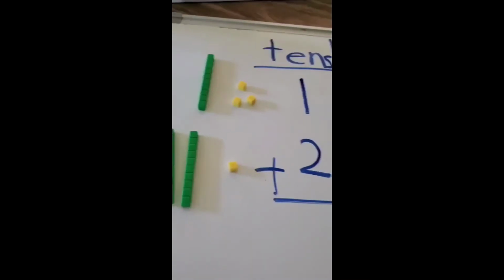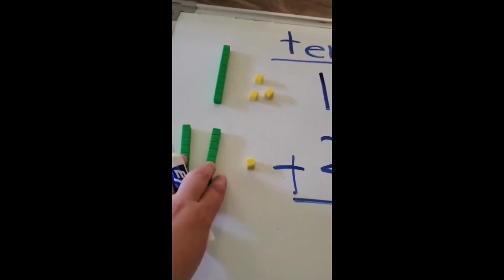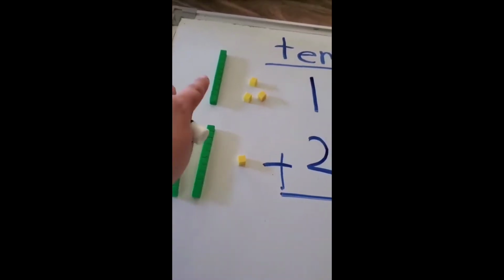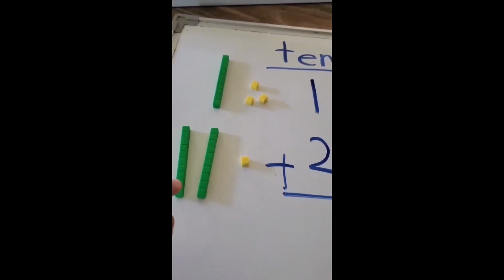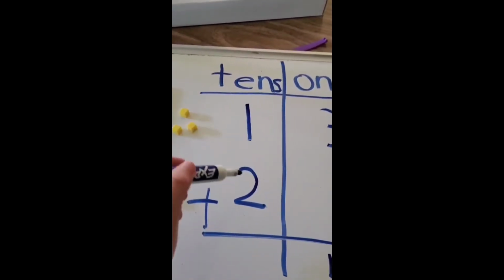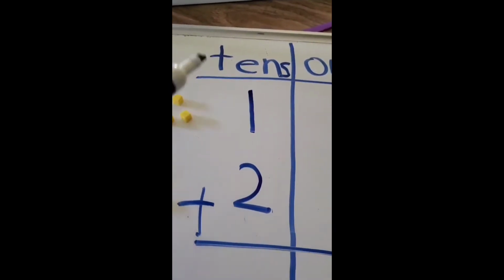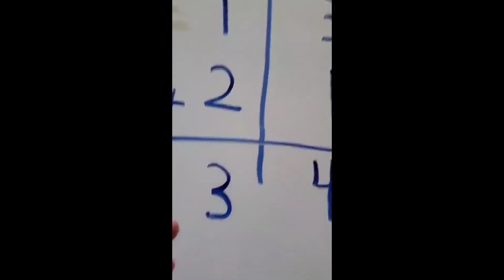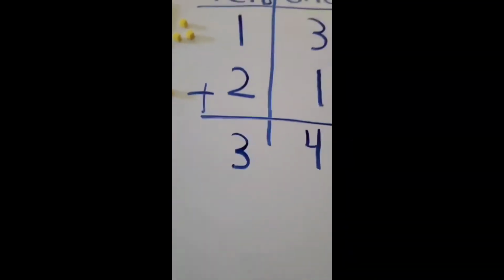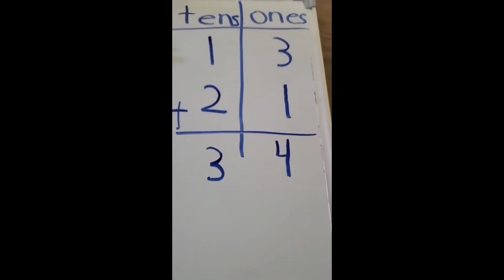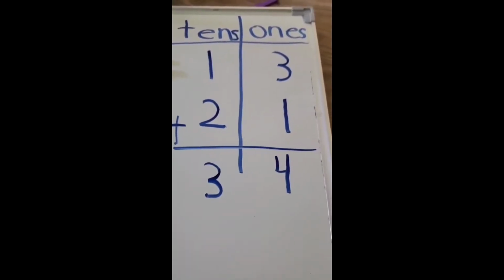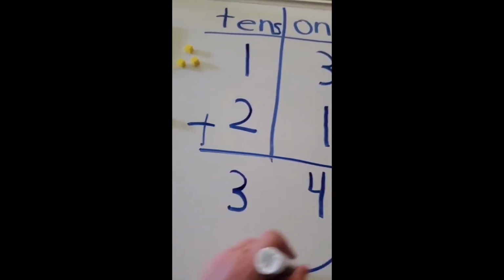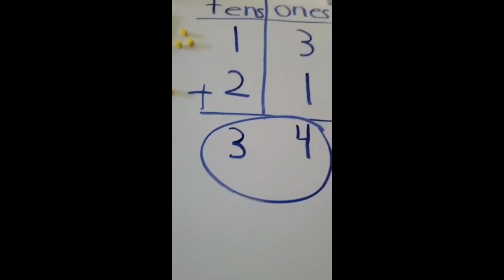Okay, now let's look at the rods. How many rods do I have? 1, 2, 3. Let's count this. 2 plus 1 is 3. So how many beans do we have in all? If I got rid of this right here, it is the number 34.